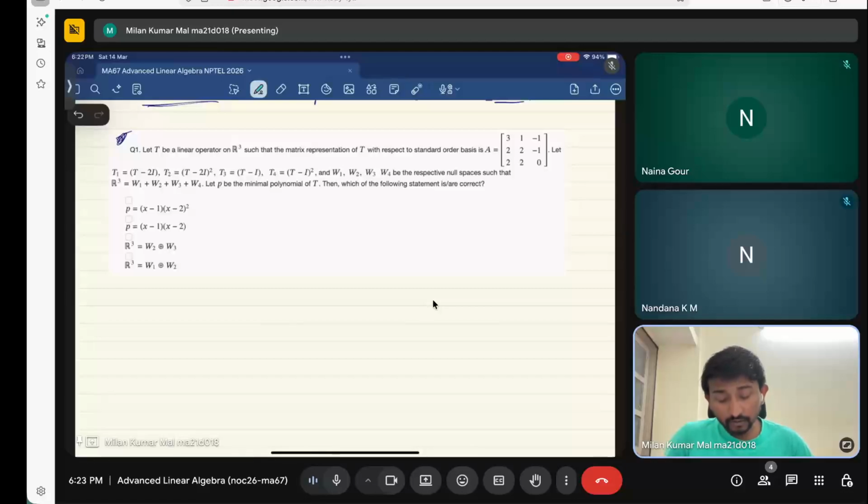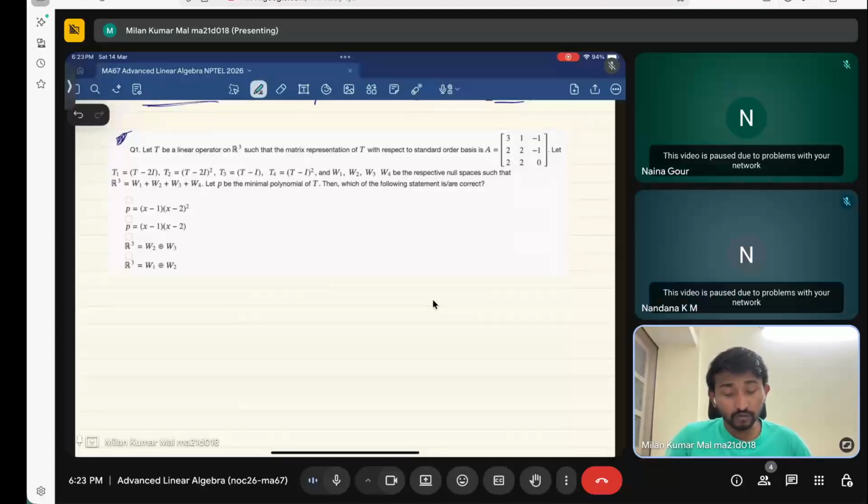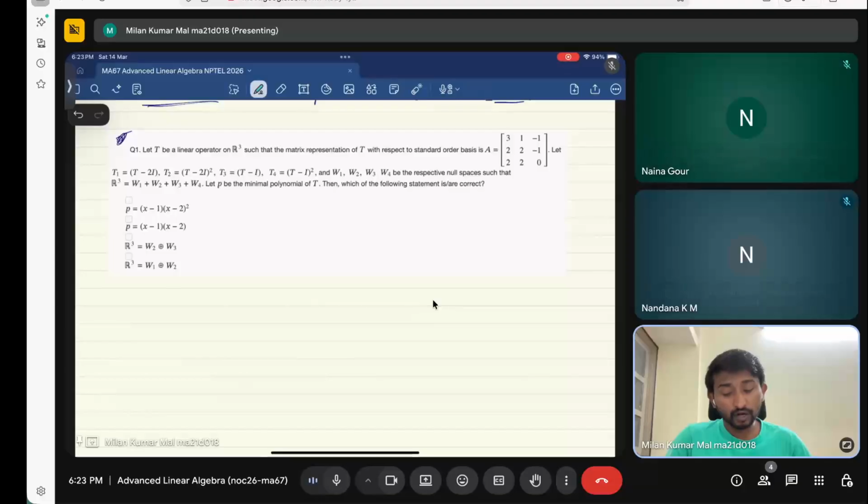Let T1 equal T minus 2I, T2 equal (T minus 2I) squared, T3 equal T minus I, T4 equal (T minus I) squared. Let W1, W2, W3, W4 be the respective null spaces such that R3 is W1 plus W2 plus W3 plus W4. Let p be the minimal polynomial of T. Which of the following statements is or are correct? So basically we have to find the minimal polynomial of T.